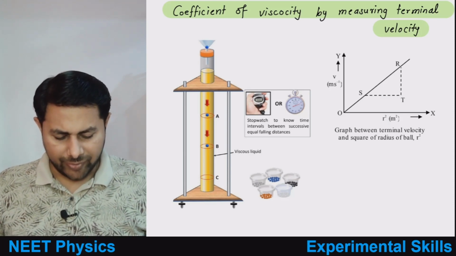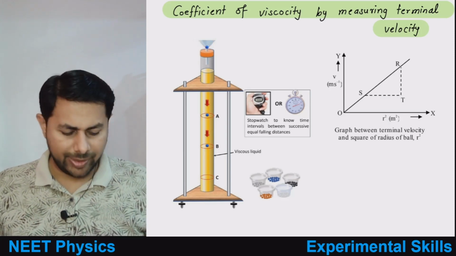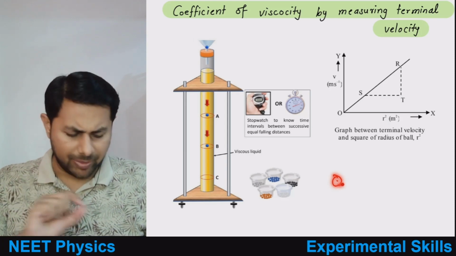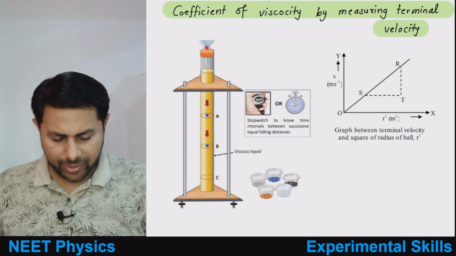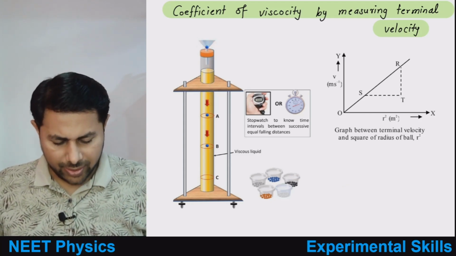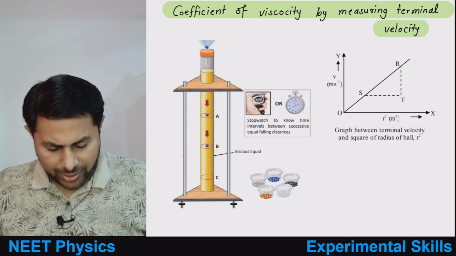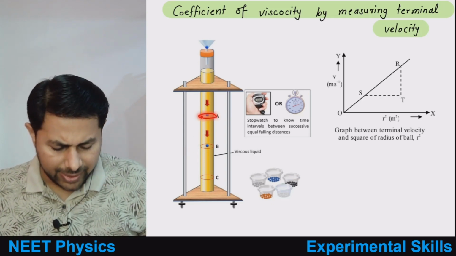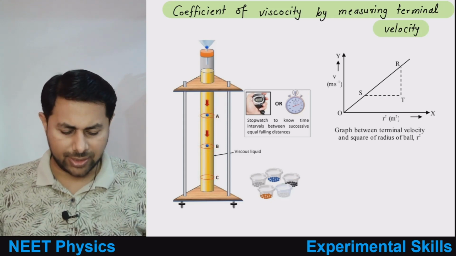And then what you do is you drop small lead balls of different radii, made up of some other metal, and then you observe the motion of those lead balls through this glass tube. There are certain markings on the glass tube.